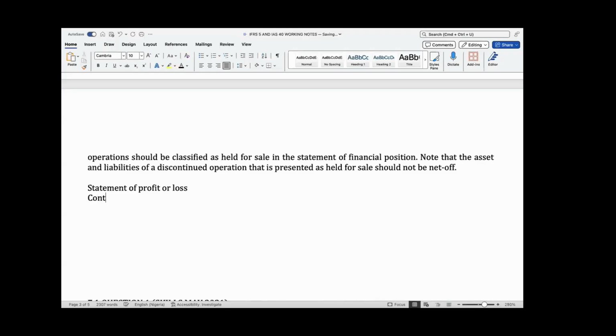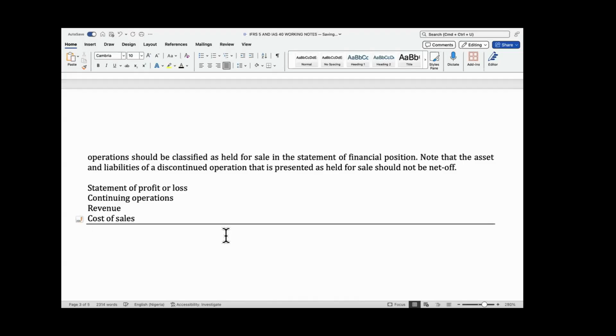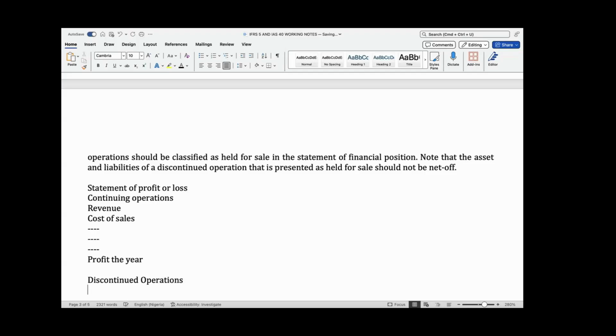So that means that in the statement of profit or loss, you then have something like this. You have continuing operations. You have your revenue, cost of sales, like that. Then you have another one after your profit for the year. You now have discontinued operations as a separate heading.